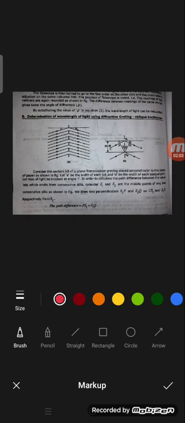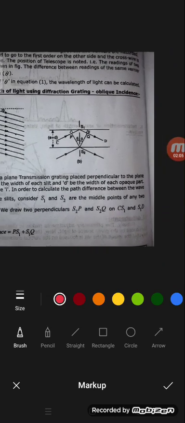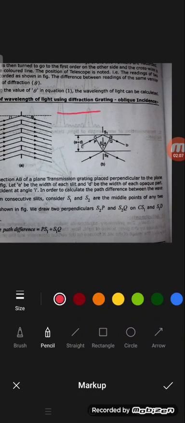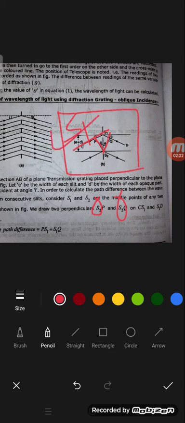Now clearly see this diagram. Here we observe the two perpendicular lines, S2P and S2Q, and also CS1 is the incidence angle and S1D is the transmission angle.